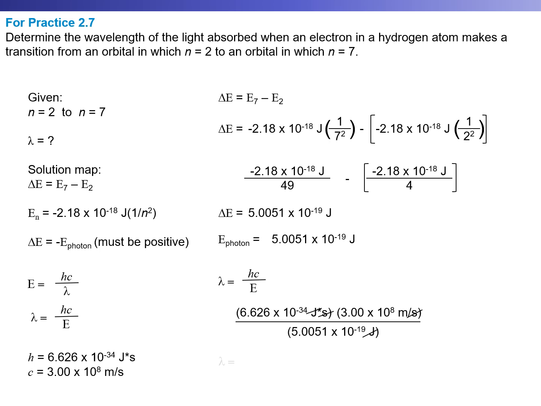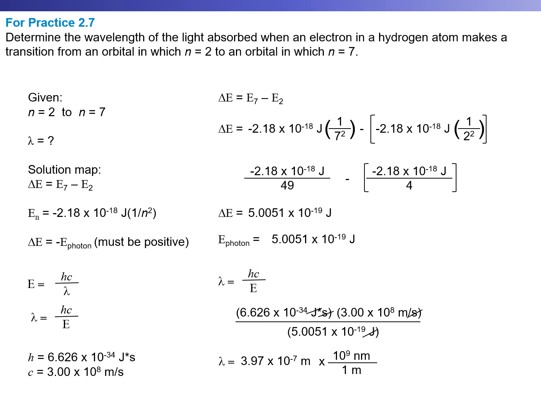So let's go ahead and do the math. And when we do, we find out that the wavelength is equal to 3.97 times 10 to the negative 7th meters. Now you'll notice when we talk about wavelength, it's usually in nanometers. So let's go ahead and do a conversion of meters into nanometers. And in order to do that, I've created a conversion factor where we have the nanometers on top.